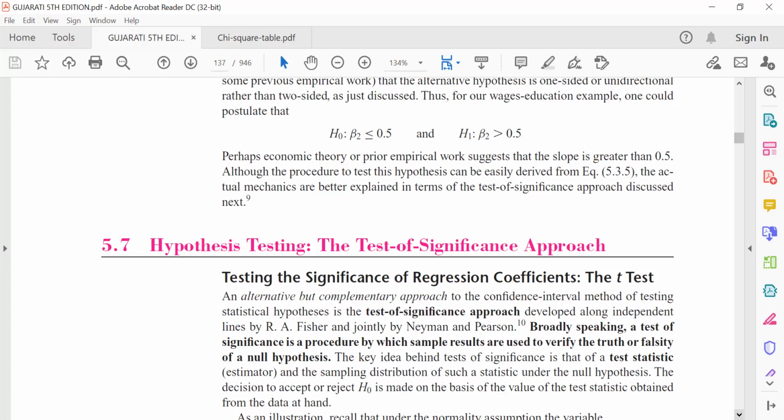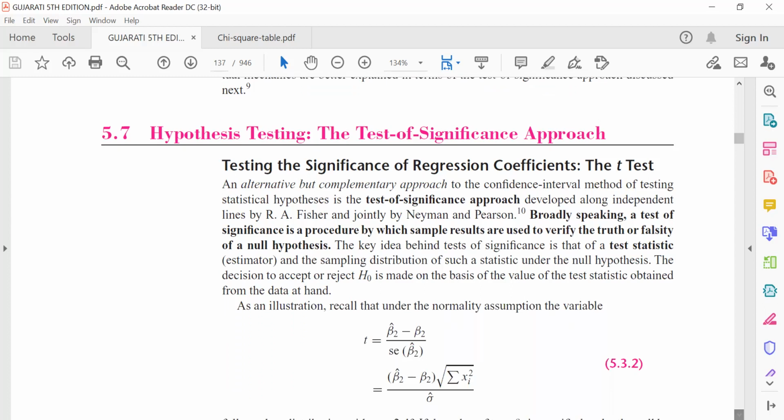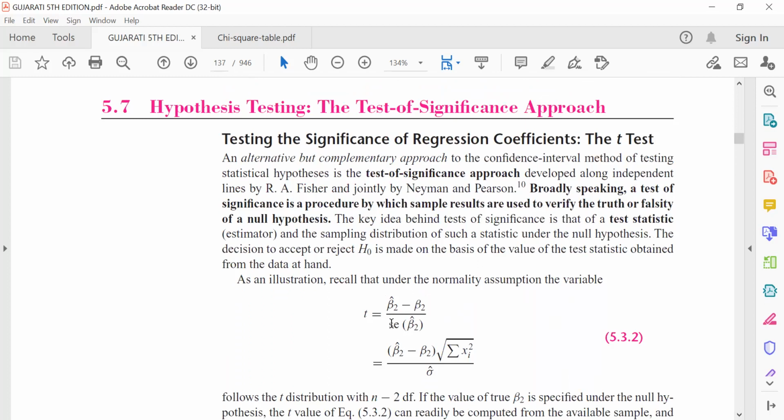First is individual coefficients, and another one is group coefficients. If we use the t-test, this means we test for individual coefficients. This is the formula to calculate the t statistic. We have here beta 2 hat, the estimated value, and beta 2, the true value, and also the standard error of beta 2.